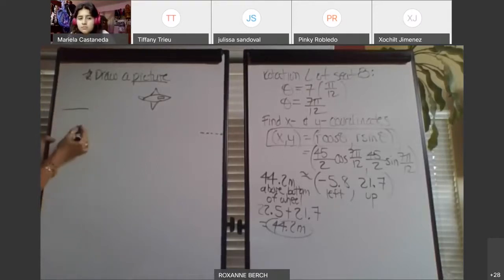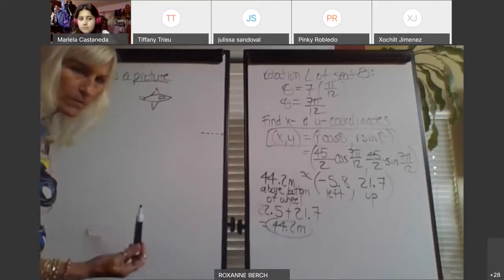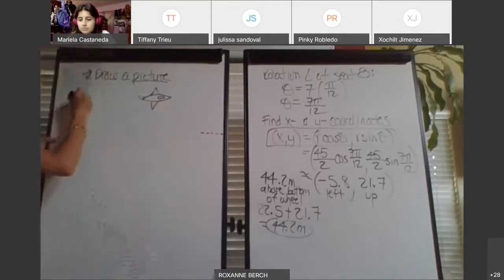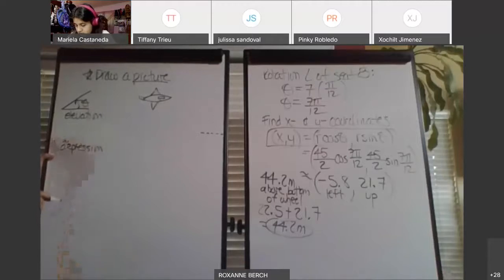If you have an angle of elevation, elevate sounds like an elevator, right? An elevator takes you up. So this would represent an angle of elevation because it's going up. If something's going down, it's called depression. So it's not that it's sad going down, it means that it's going down.